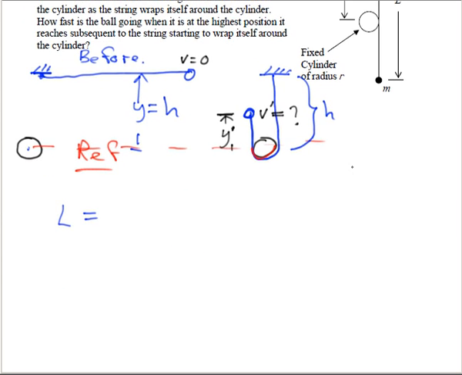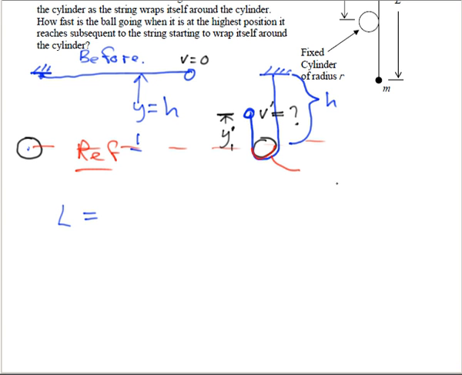Probably ought to be a little bit more careful with where I put that bottom of the bracket. So it takes us right down to the reference level. That's h, and then this piece, the length of the string, which I've indicated in red.